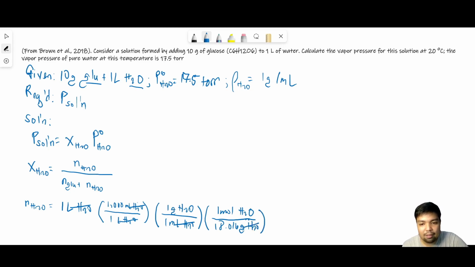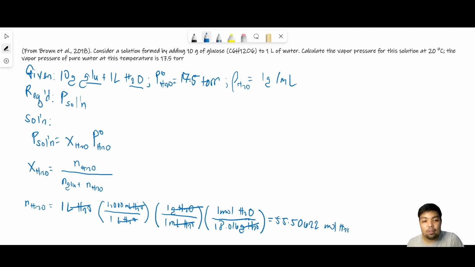What you'll get is around, sorry, I have a solution set ready, around 55.50622 moles of water.